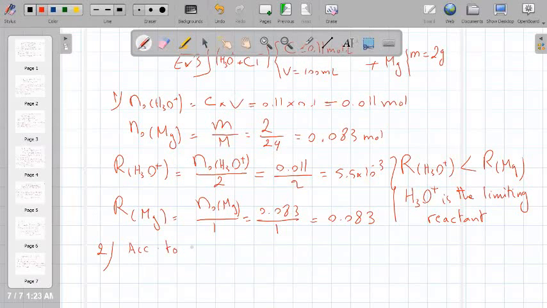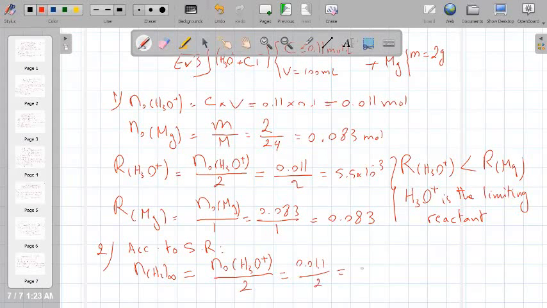According to the stoichiometry of the reaction, the stoichiometric ratio, the number of moles of H2 at infinity over 1 equals N0 of the limiting reactant H3O plus over stoichiometry 2. N0 of H3O plus, which we have calculated, over 2 equals 0.011 over 2, equal 5.5 10 power minus 3 mole.